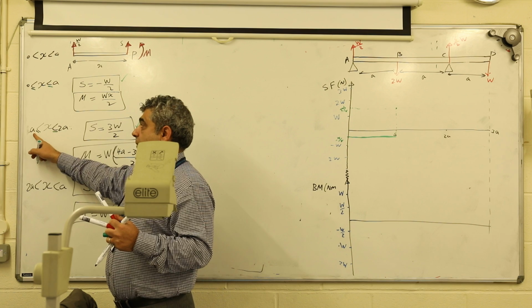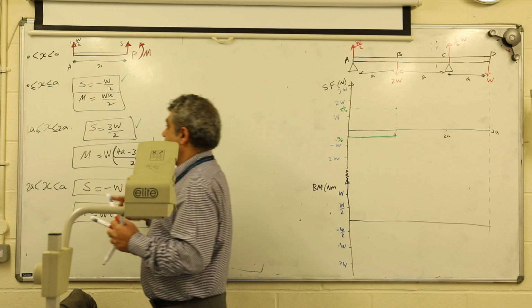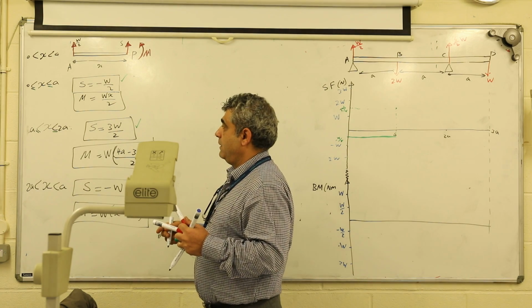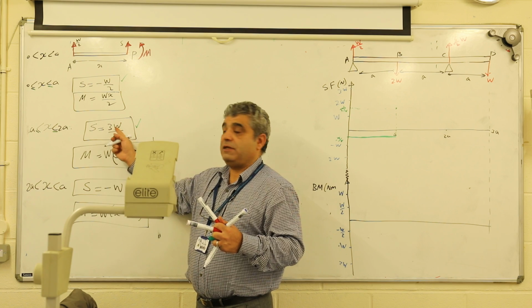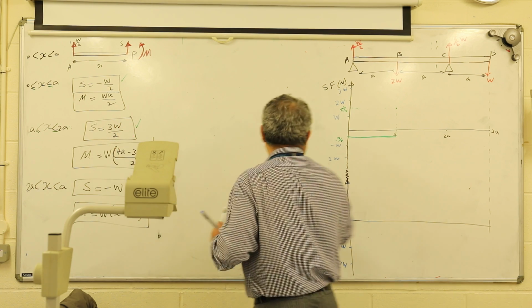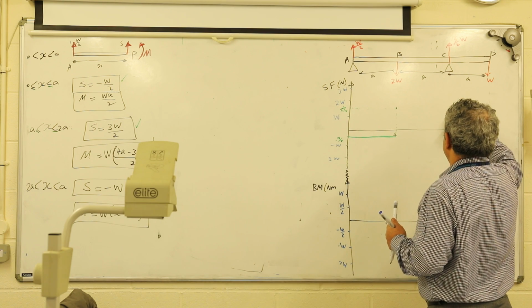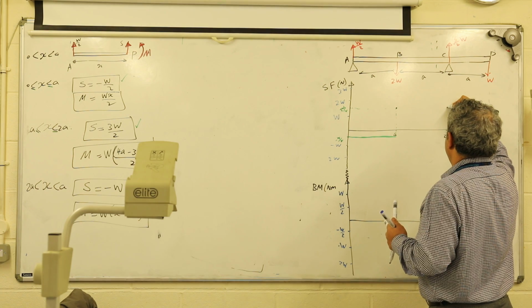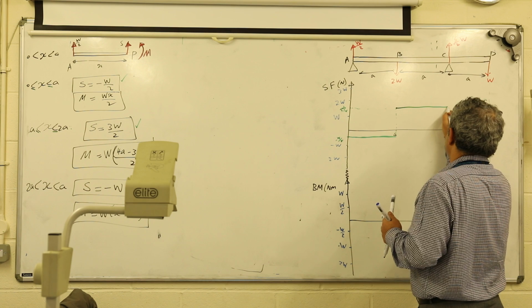So it's the best way from A to 2A, when x is equal to A. Between A and 2A, there is a constant value of 1.5 W. So between A and 2A, it would be a line parallel to the x-axis, which is this bit.